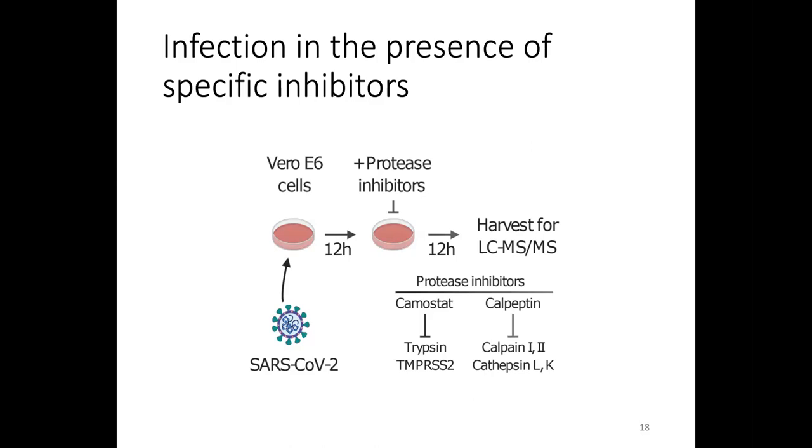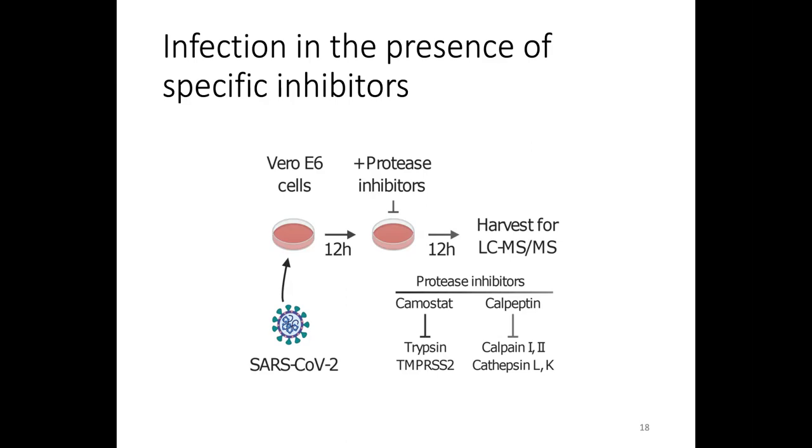We wanted the virus to replicate, but we wanted to be able to diminish the abundance of specific cleavage events. 12 hours post-infection, we added these inhibitors, at high concentration. We allowed infection to proceed a further 12 hours, harvested samples for mass spec, and then processed, as you saw earlier, for N-terminomics.